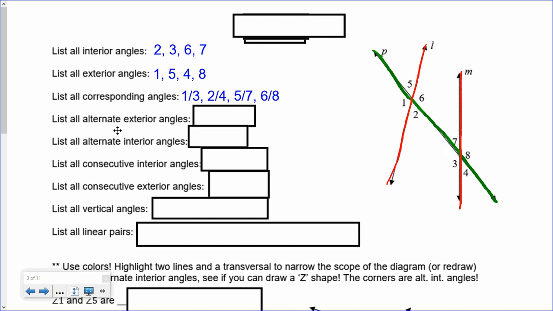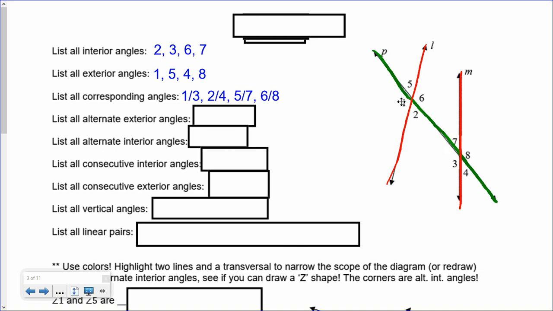Now we're going to talk about alternate exterior angles. So important to notice are these two words. Alternate, meaning that they're on different sides of the transversal, and exterior, which means they're on the outside of these two lines. Okay? So my exterior angles, we already said, were 1, 5, 4, and 8. So we have to match them up into pairs so that they're alternate. So alternate means that they are diagonal from each other, so they're on different sides of the transversal. So one needs to be below and one needs to be above.